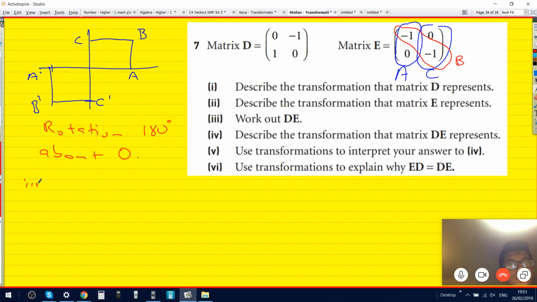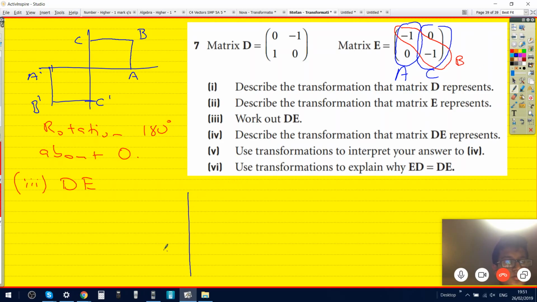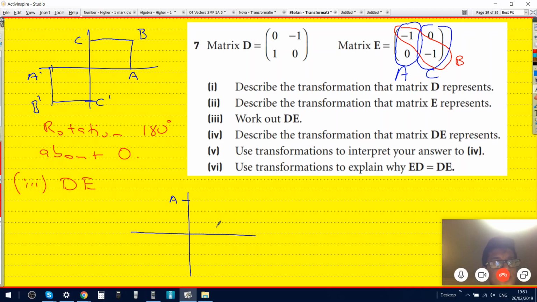Okay, part 3, DE. Of DE. Okay, you've got 0 to... It's just a normal way. I'll do it and then see if the answer's right.